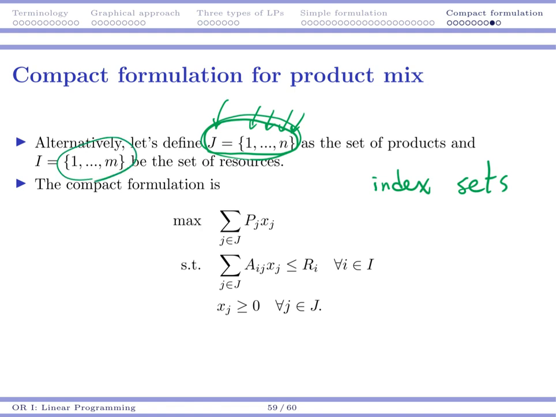Once we do that, here you don't need to write down j from 1 to n. You only need to write down for all j that's in the set capital J, collect pjxj. For each resource i in the set I, I need to do this calculation again by considering all possible products, something like that.